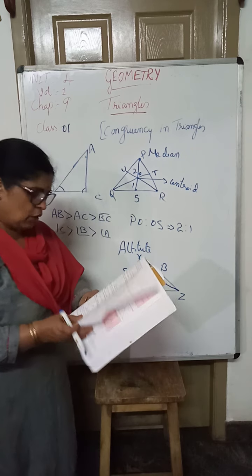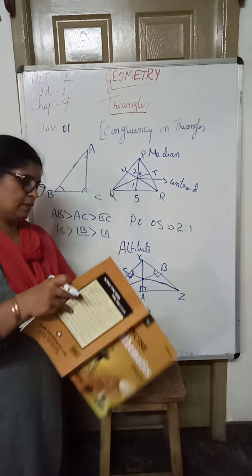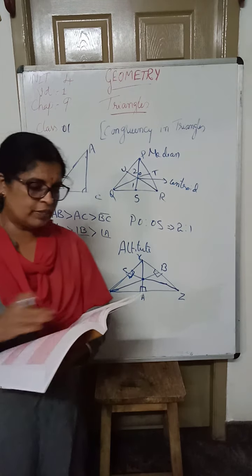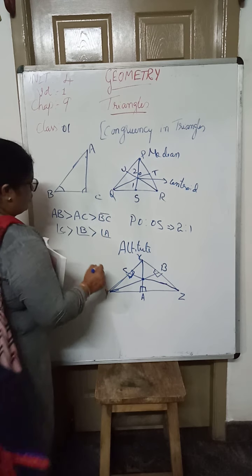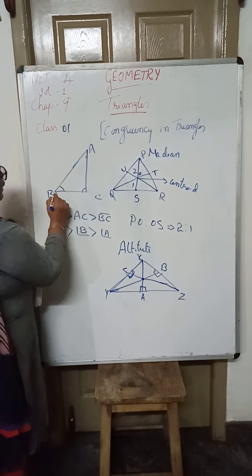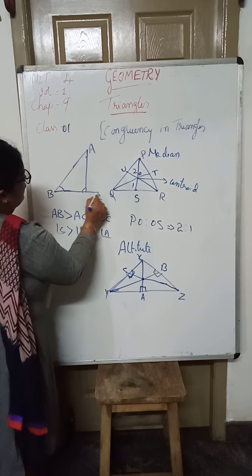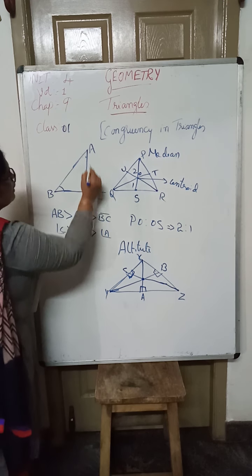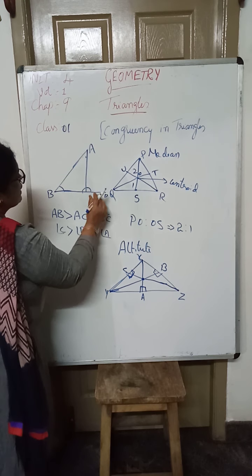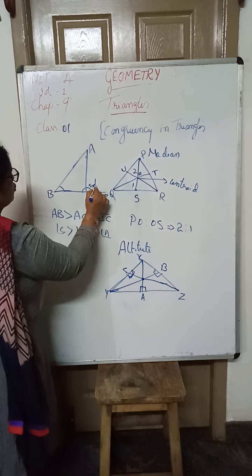Next we have to deal with some important points with the triangle. Now let me take this triangle. If any side is extended, say BC is extended, we get one more angle, that is ACD. This is said to be an exterior angle.